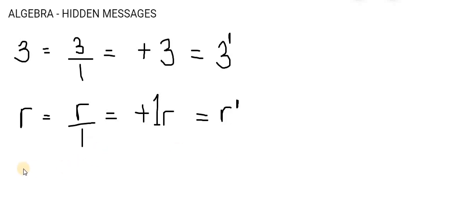Now, if a letter is mixed in with a fraction, say y over 2, it's assumed that you know that this can also be written as 1 over 2 with the y boldly to the right.